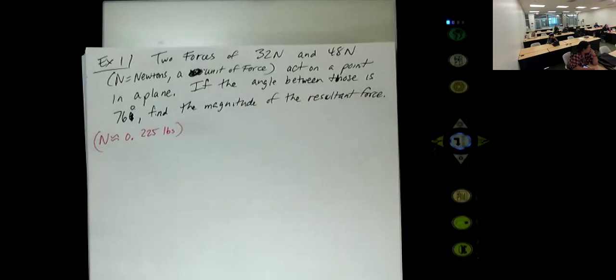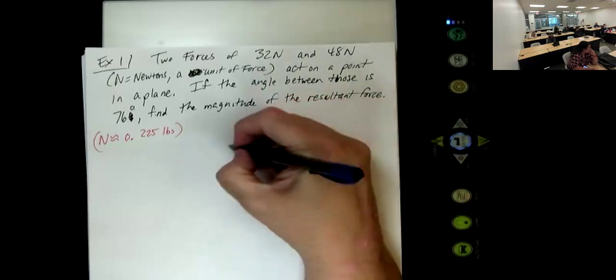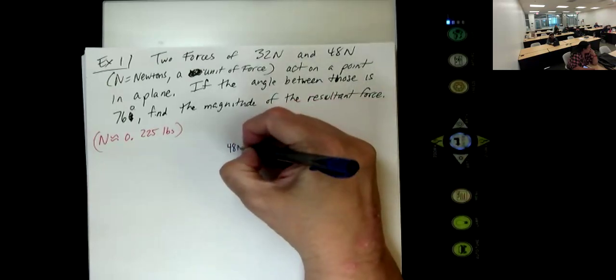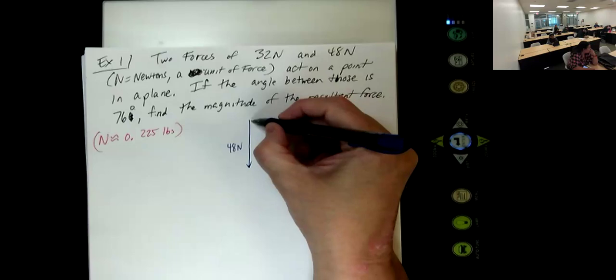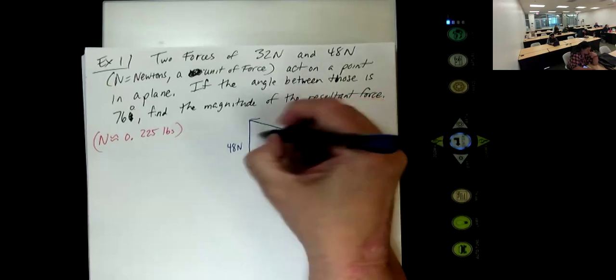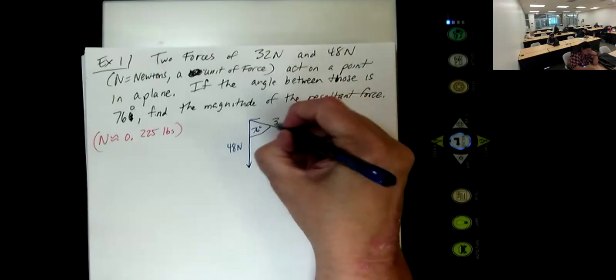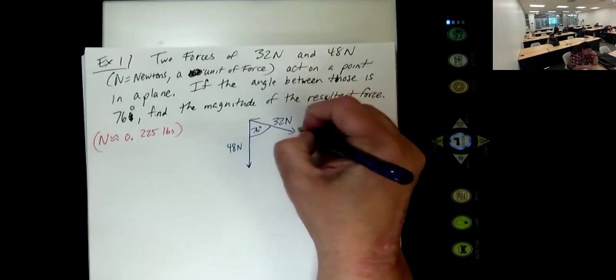So we can pick any two vectors we want. I'm gonna call the big one downward, 48 newtons downward. And if I wanted 76 degrees, like that would be 90, so maybe that's 76. We'll call this 32 newtons.